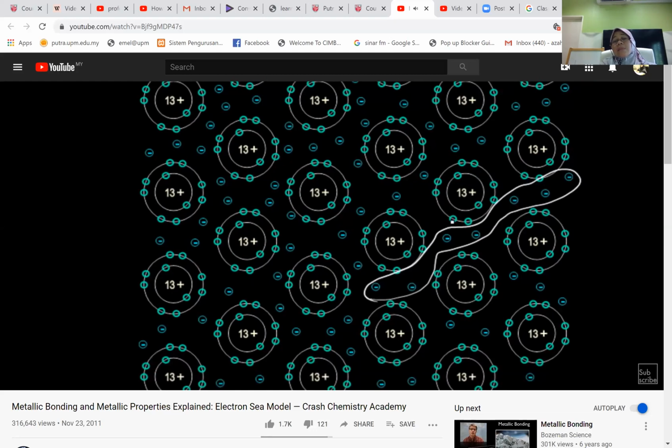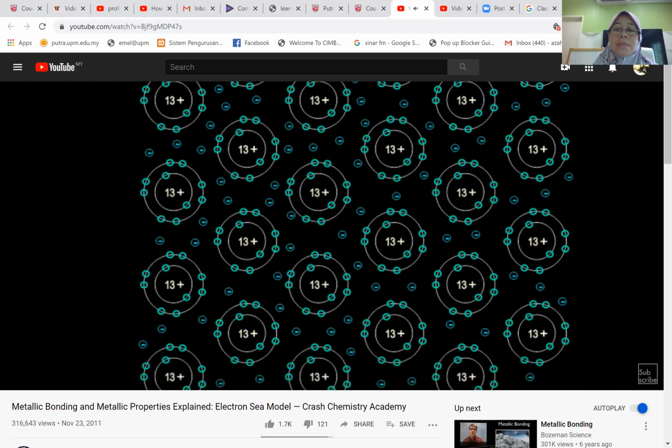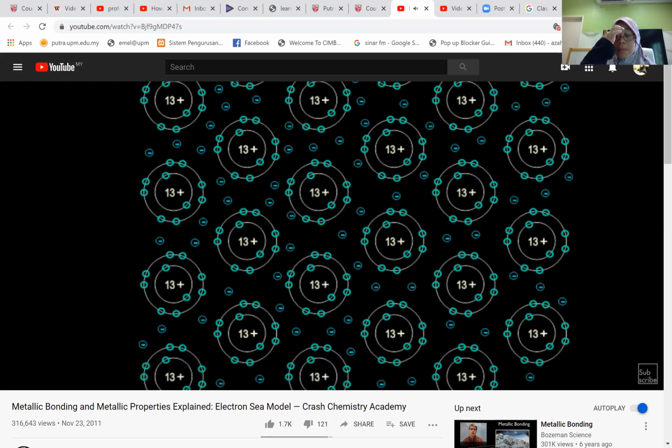The space between each atom is filled by the valence electrons that have been given up by each metal atom. So the metal atoms become cations, positively charged ions, and the valence electrons are loose in the spaces between the cations.